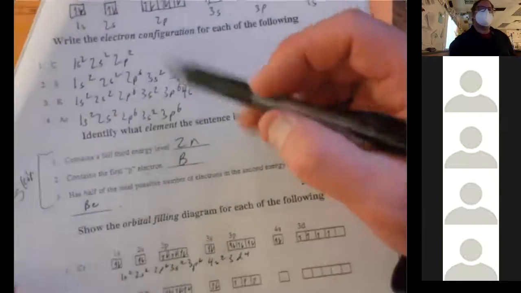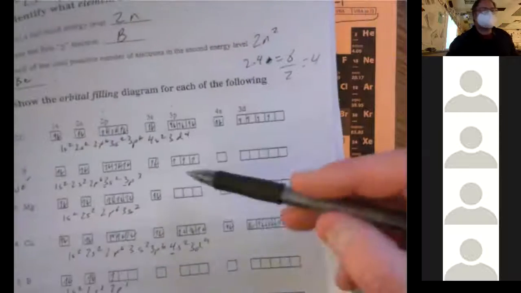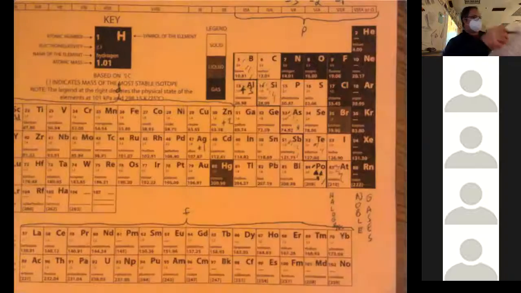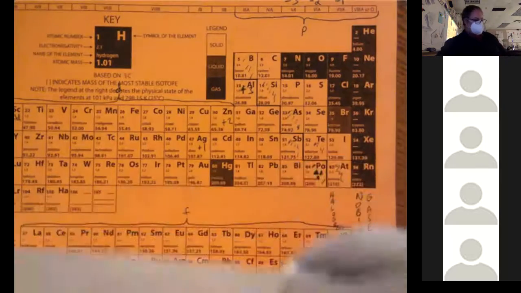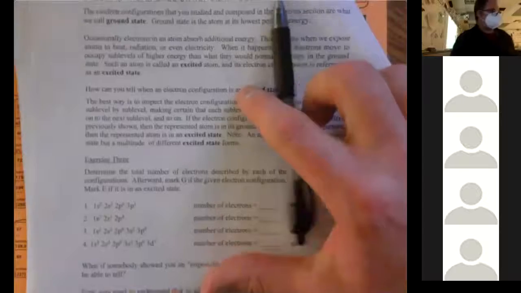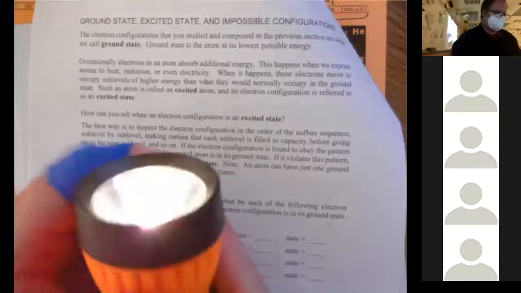So what we've been making so far are what we call ground state electron configurations. And we can actually excite electrons, and you do this all the time. For example, I can add electricity, and I can excite the electrons in this bulb. Whenever I excite those electrons with electricity, they jump up to higher energy levels.